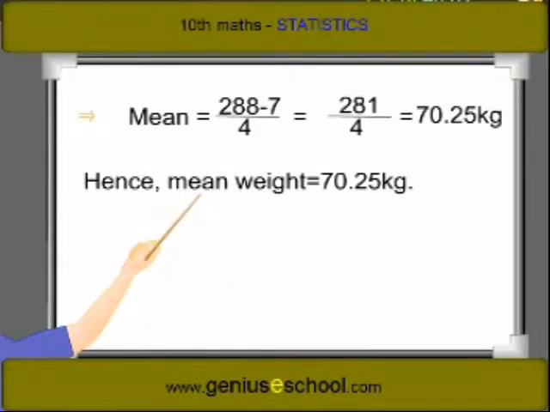Mean is equal to 288 minus 7 by 4, which is equal to 281 by 4, which is equal to 70.25 kg. Hence, mean weight is equal to 70.25 kg.